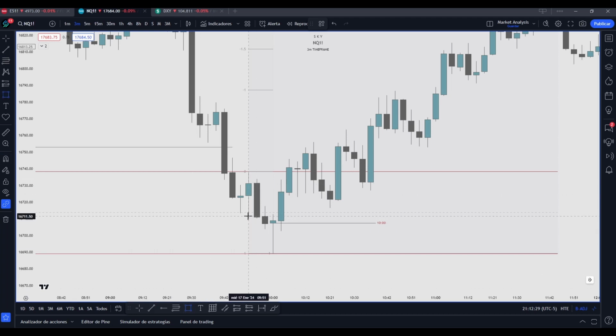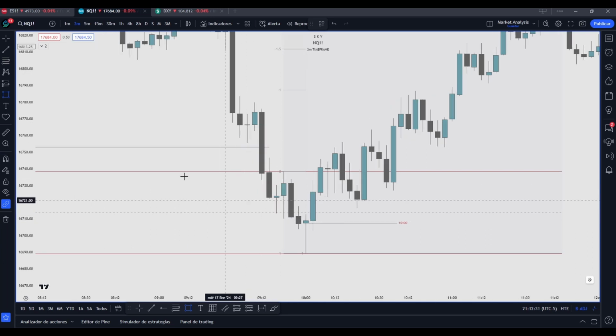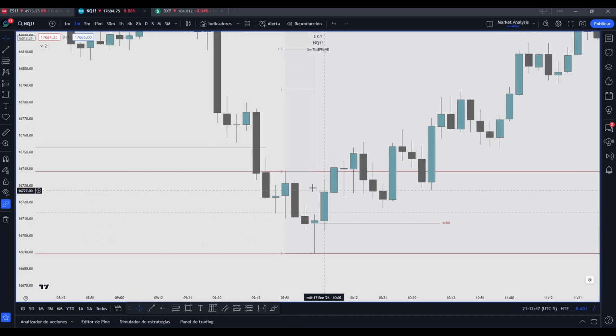So turtle soup and breaker block go almost hand in hand. And if we reach the -4 deviations, we can have a turtle soup most of the time. So turtle soup, then you have a breaker block. In this case, we don't have turtle soup and we don't have a breaker block.